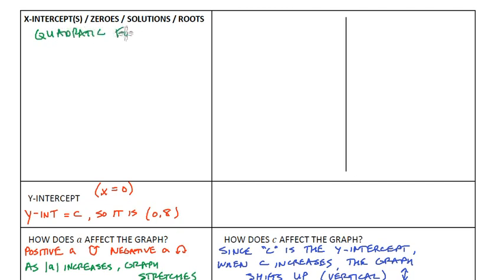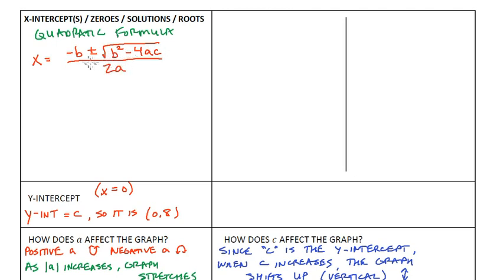Our x-intercepts using the quadratic formula are found with this equation: negative b plus or minus the square root of b squared minus 4 times a times c, and that is our numerator, and our denominator is 2 times a.